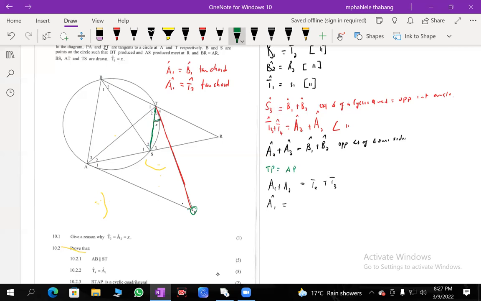So looking at it, our angle X is between the tangent and chord, which is angle X. So our angle X here is T3. It equals which angle, Lebogang? If you get this one right, I'm happy.